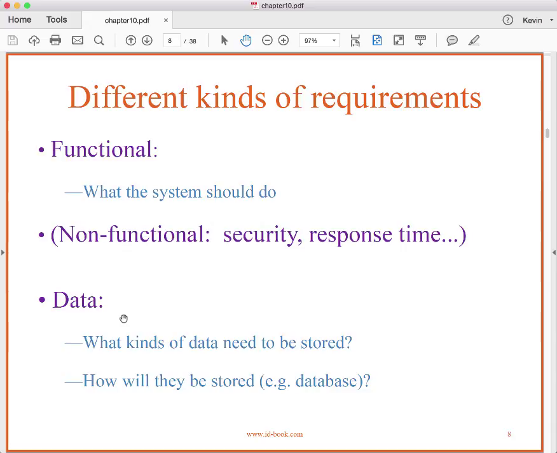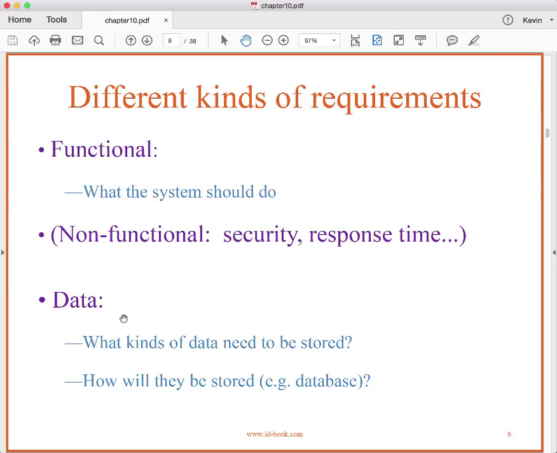Now, when I teach systems analysis, I say that data requirements are just another expression of functional requirements. Because what does the system have to do? Well, it has to do stuff and it has to know stuff. And they're both, in my mind, functional requirements.